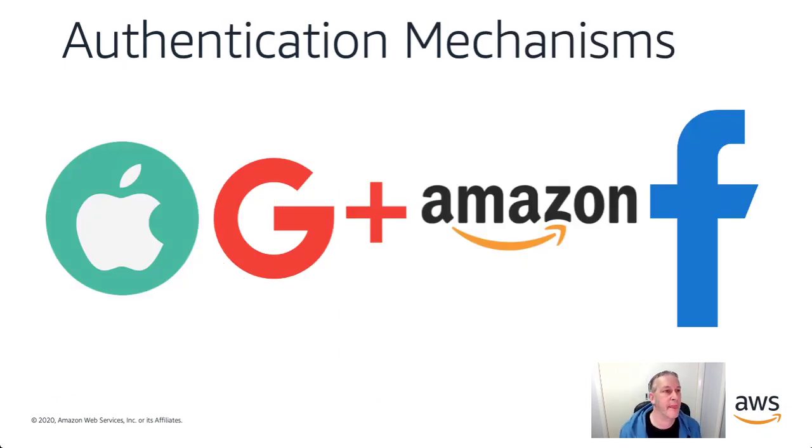So, the authentication mechanisms that are available via Amplify are Apple, Google+, it's still known as Google+ in the Amplify documentation, Amazon, and Facebook.